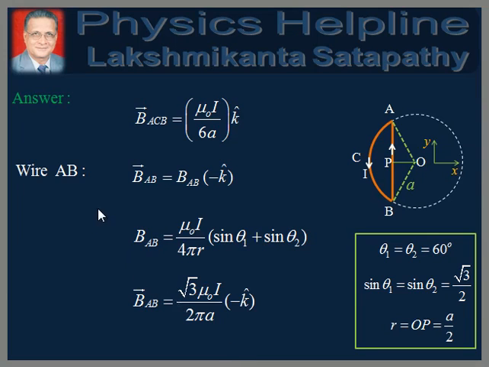Now, we'll find the magnetic field produced at O due to the straight part of the loop AB.